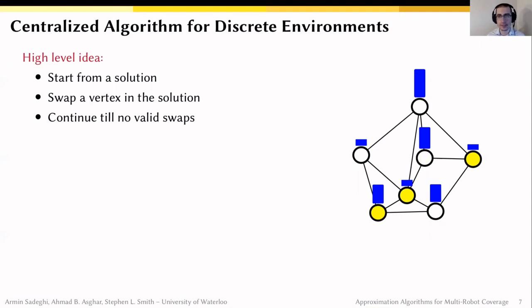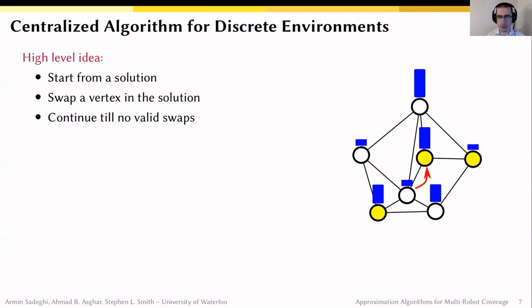Now, what is this distributed approximation algorithm based on? It is based on a very well-known centralized algorithm for discrete environments. Take this coverage problem in discrete environments, the centralized method. It starts from a solution, shown here with yellow locations. Then we do a swap. Basically, we swap a vertex in the solution with another vertex in the graph.